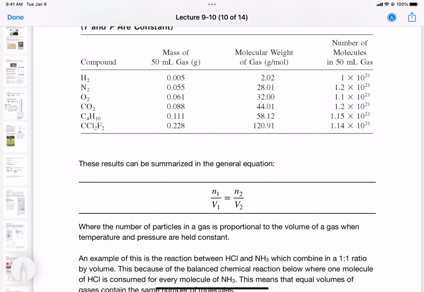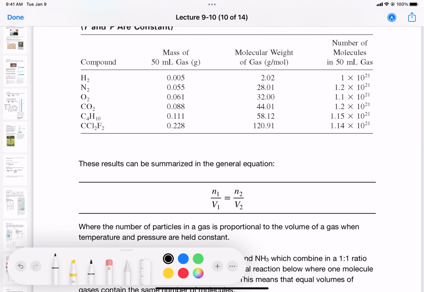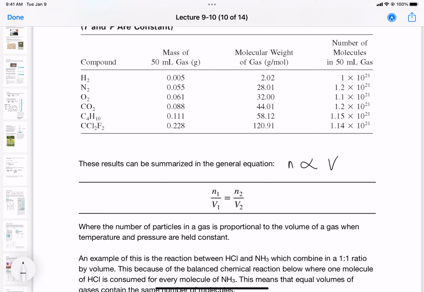So in general, we can say that moles, or number of particles, is proportional to volume. And then we can use this relationship: if we have a set of conditions of moles and volume, we can find either the moles at a different volume or the volume when the number of moles has been increased or decreased.